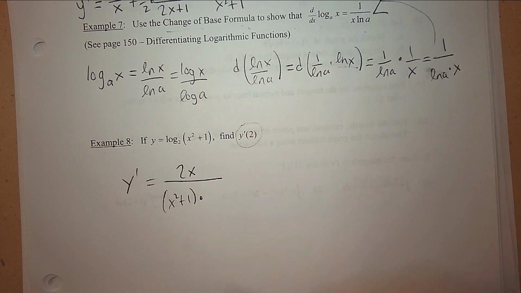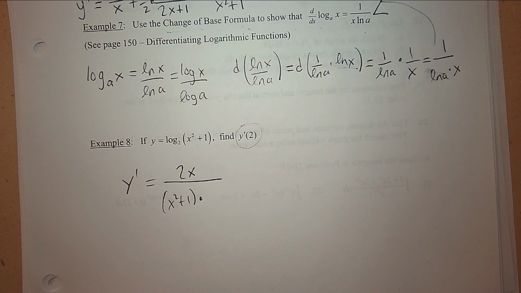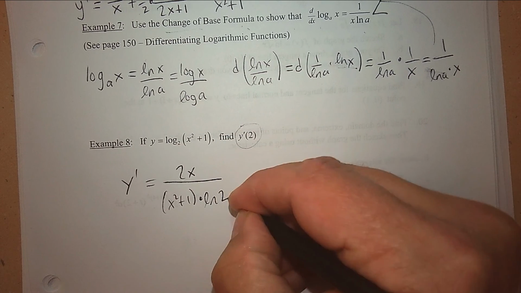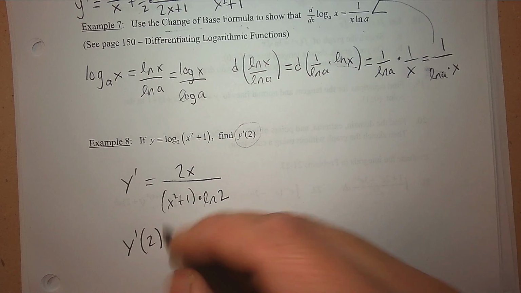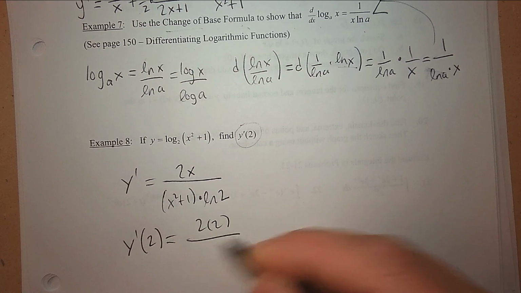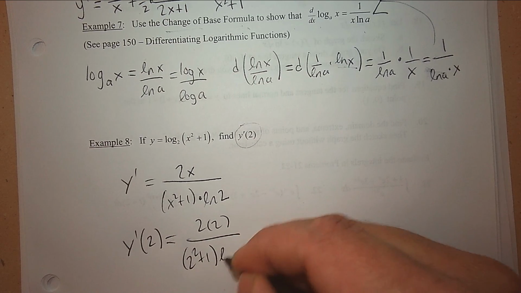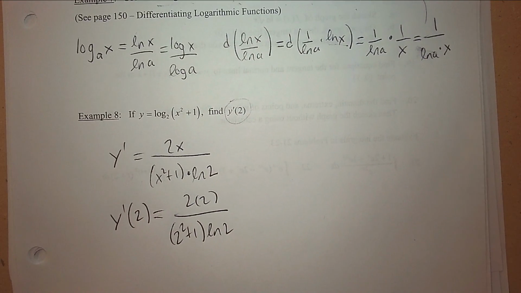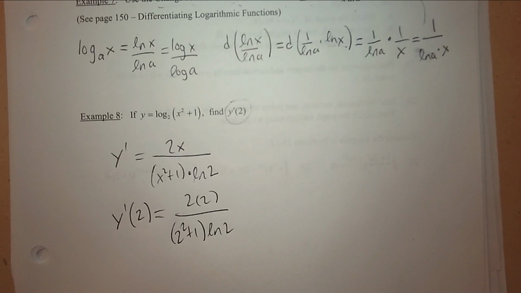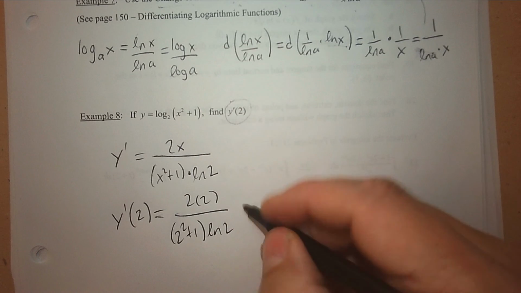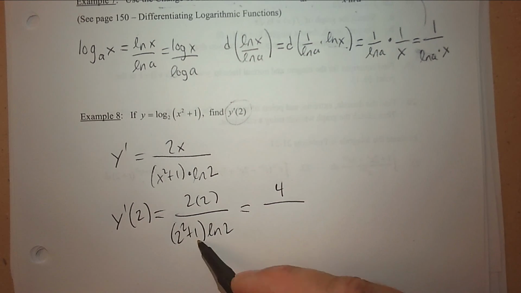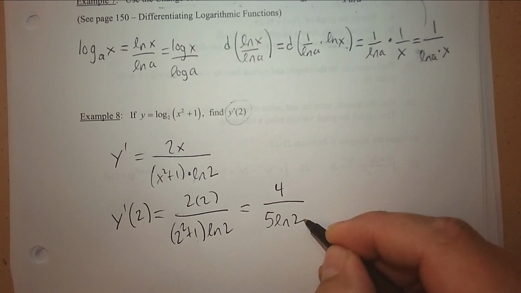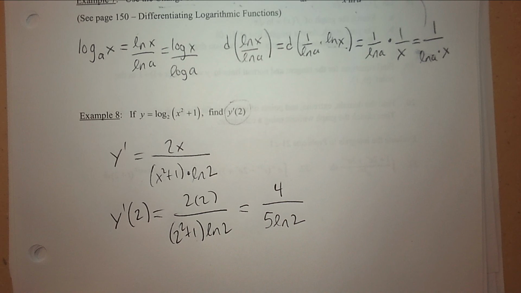So because the base is not e, what does it need still? Ln 2, right? Whatever the base is. Then that's the derivative. Now what do you plug in for x? So wherever there's an x, plug in 2. You could make it look a little prettier with a 4 on top. 2 squared plus 1 is, and it's done. That's it. Taking derivatives with logarithms.